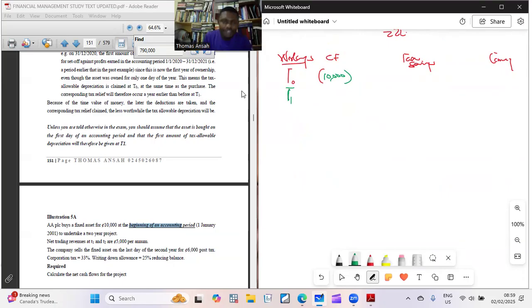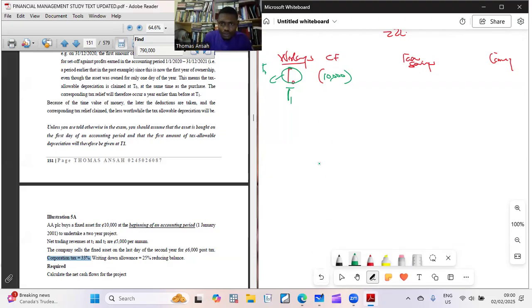That is where the capital allowance is, because this T0 is actually assumed to be the beginning of T1. So per the question, that's the explanation I gave you. So what is the capital allowance rate? 25%, and the corporate tax rate was 33%. So 25% by 10,000, I have 2,500.